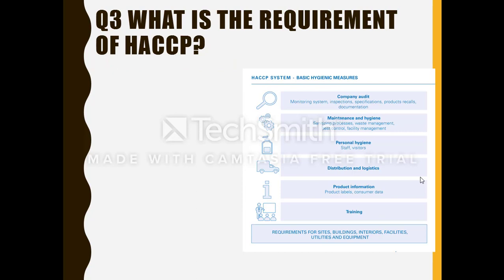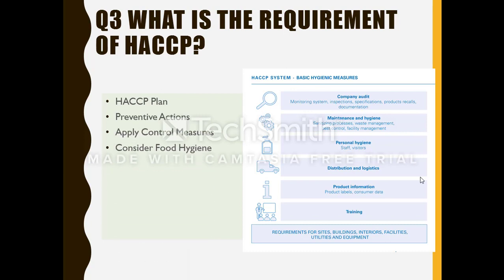What is the requirement of HACCP? In order to ensure that HACCP can be done successfully, we need a HACCP plan, the preventive actions, and apply control measures.